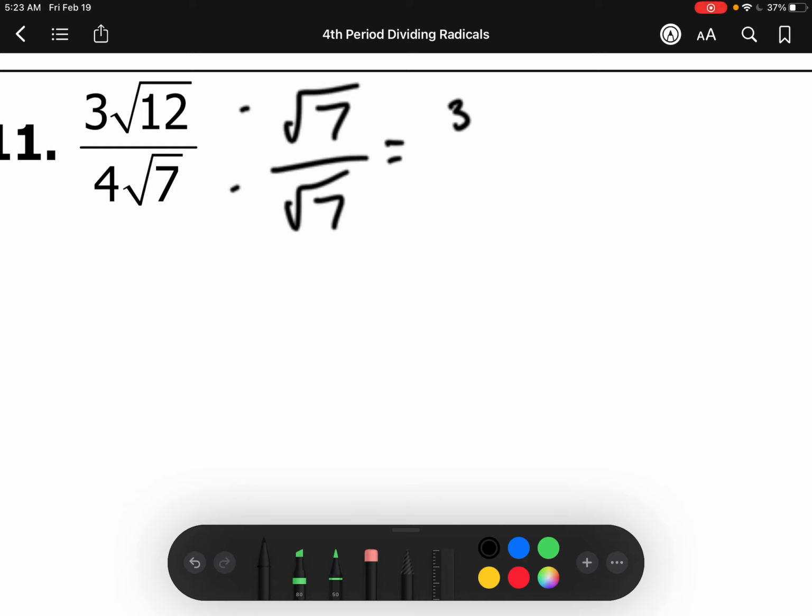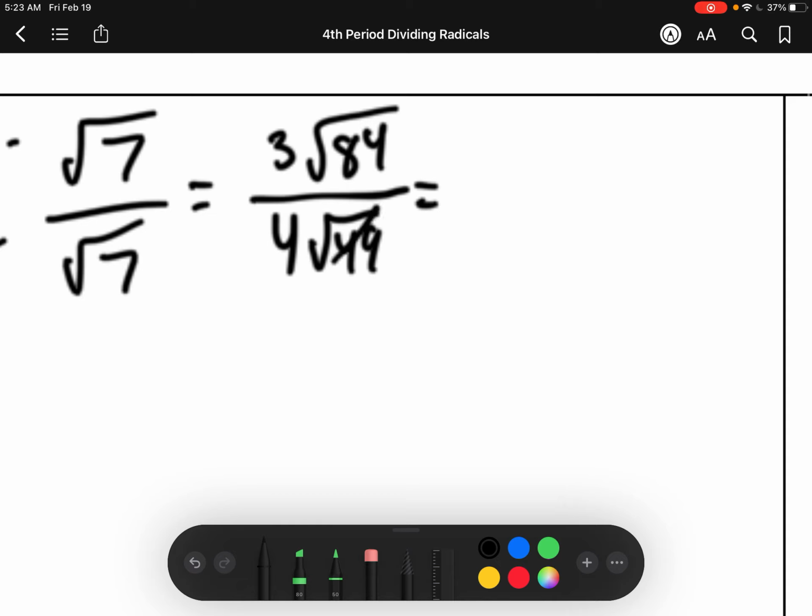7 times 12 is 84. So 3 times the square root of 84 divided by 4 times the square root of 49, which is going to become 7, right? So this is 7. I'm going to simplify my radical over here, right? So 3 times 84 is not a perfect square, but it's evenly divisible by 4, which is a perfect square.